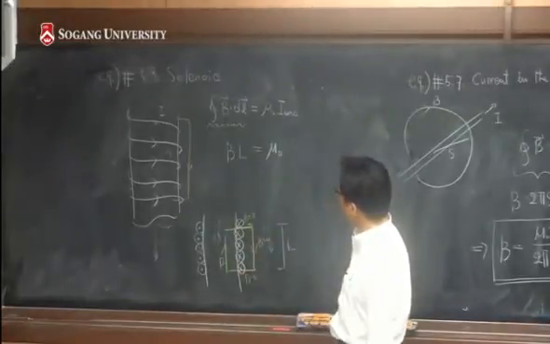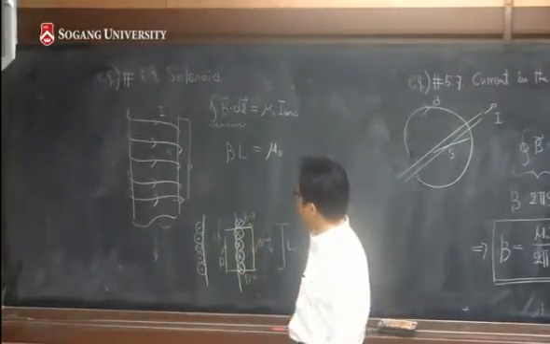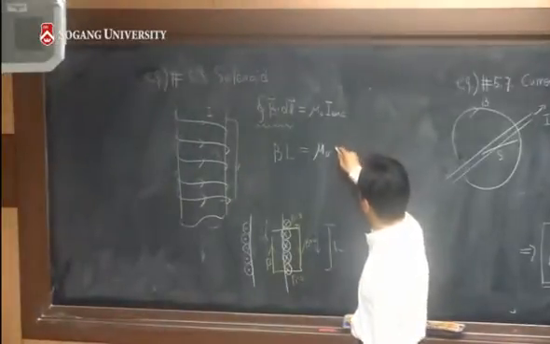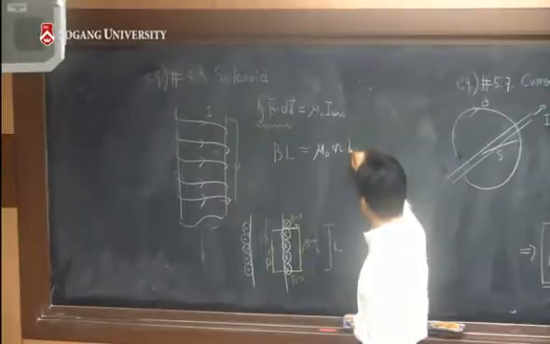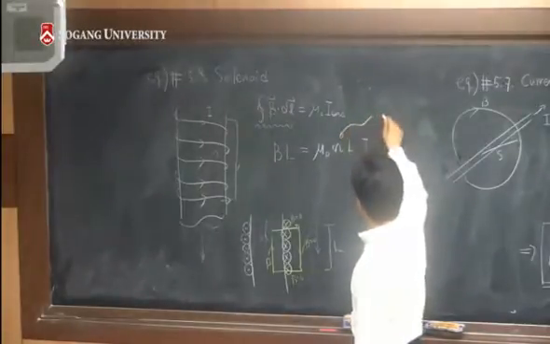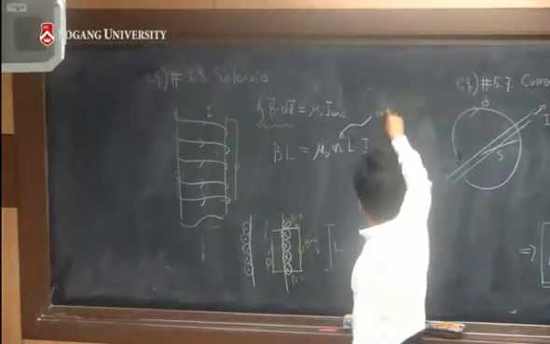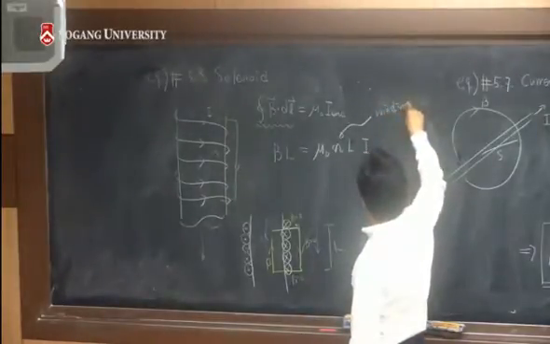In this case, it can be given by N times L times I, where let's say N is the winding number per length.